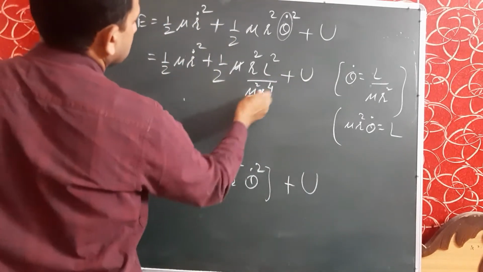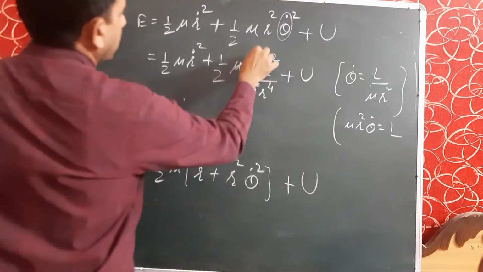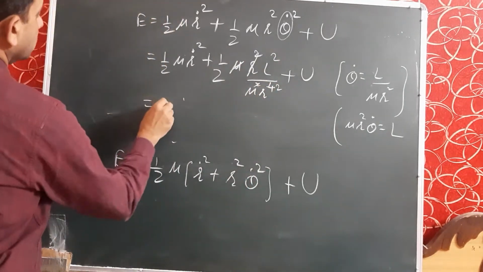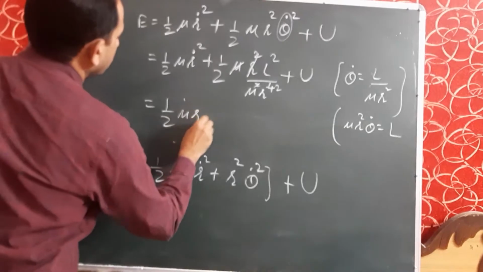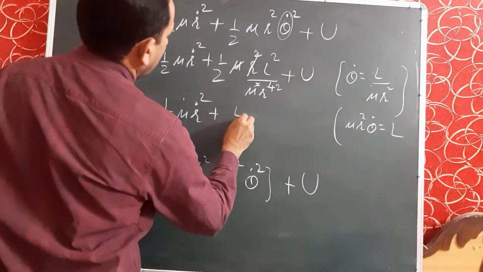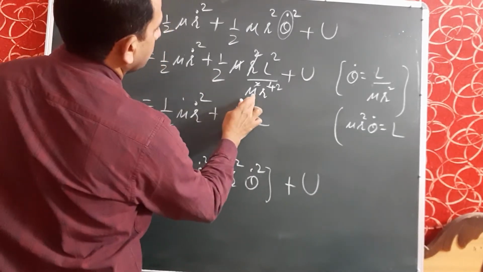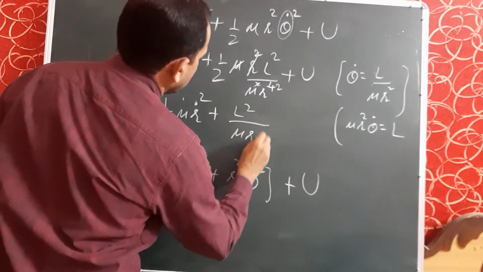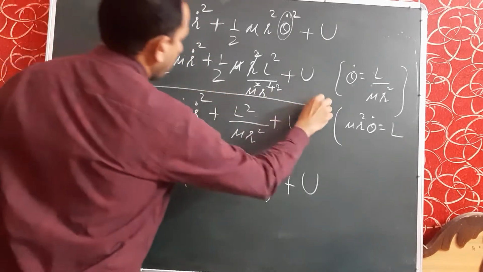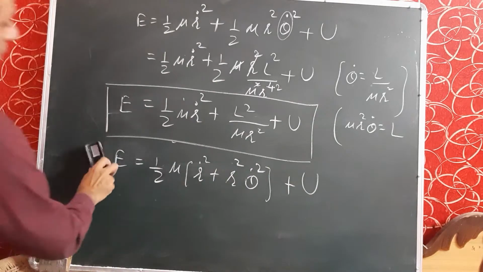Now mu is cancelled out with mu, and r square is cancelled out with r square, remaining power is 2. So this is half mu r dot square plus L square over 2 mu r square plus U. This is the total energy.